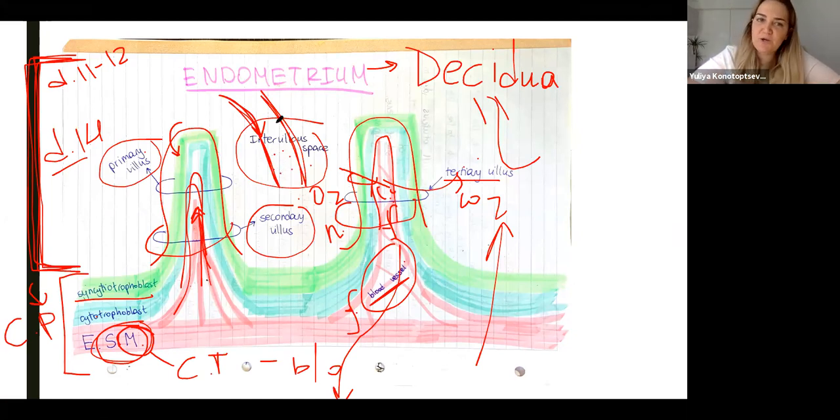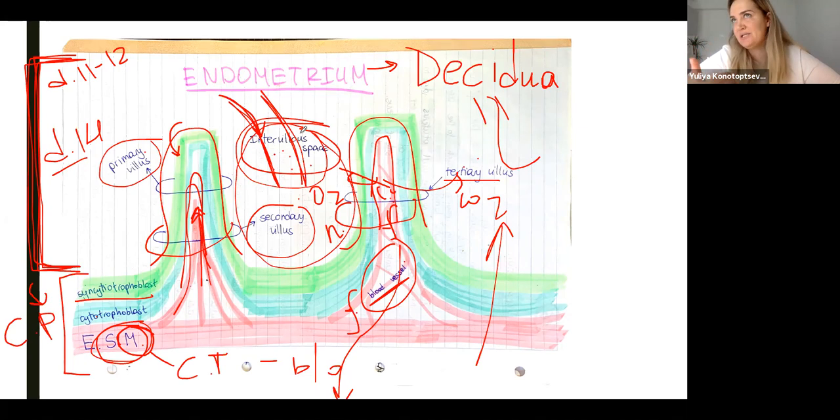Mm-hmm. I wrote here intervillus space because that's what the book says, but the book has a bit of a mistake, okay? Because we call this space between primary or secondary or tertiary villi. It doesn't matter which villi you have. Just the space between them in the late placenta is called intervillus space.